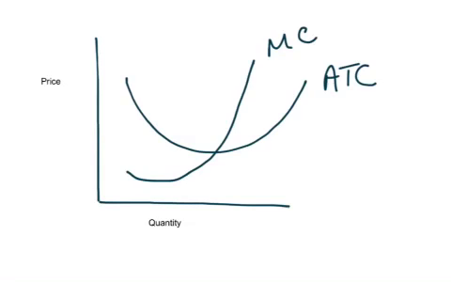So we're going to start with the demand curve. I'll add the point there of the kink in the demand curve. That's our demand curve. And then I'm going to draw in the marginal revenue curve, which lies below the demand curve. Remember, we saw that when we were doing the cost curves for the monopoly.